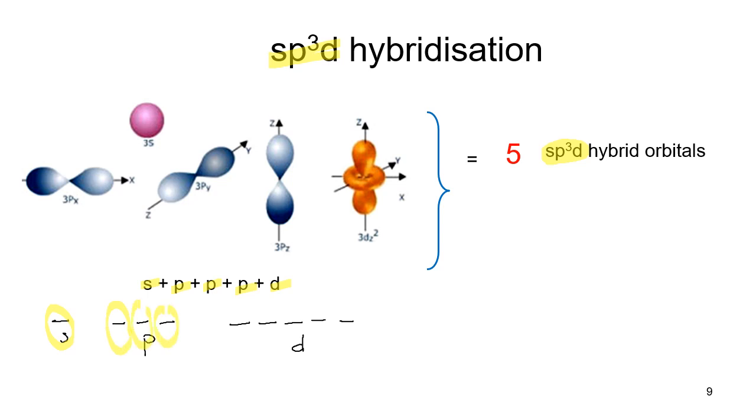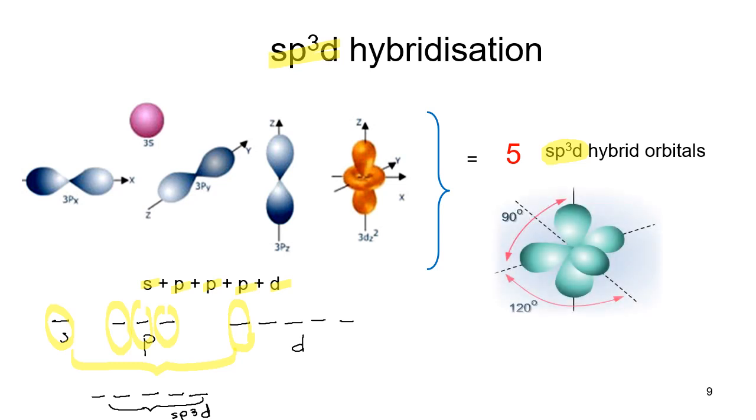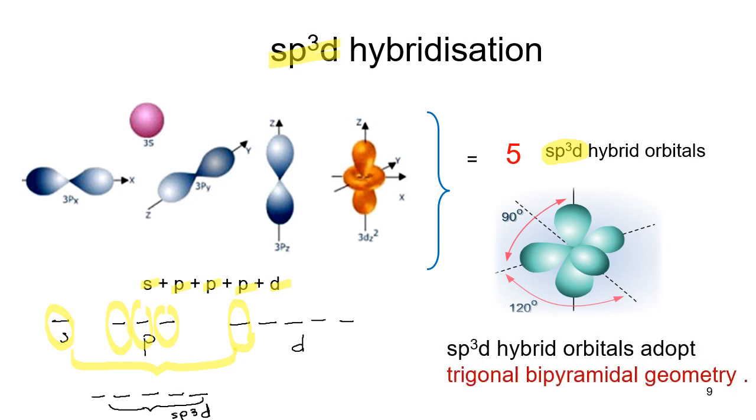You will combine with any of the D orbital in any orientation, so we just choose 1. Therefore, in total, you will have them as 1, 2, 3, 4, 5, and all of them here are labeled as sp3d hybrid orbital. And since you have 5 electron pairs here, your shape will adopt the trigonal bipyramidal geometry.